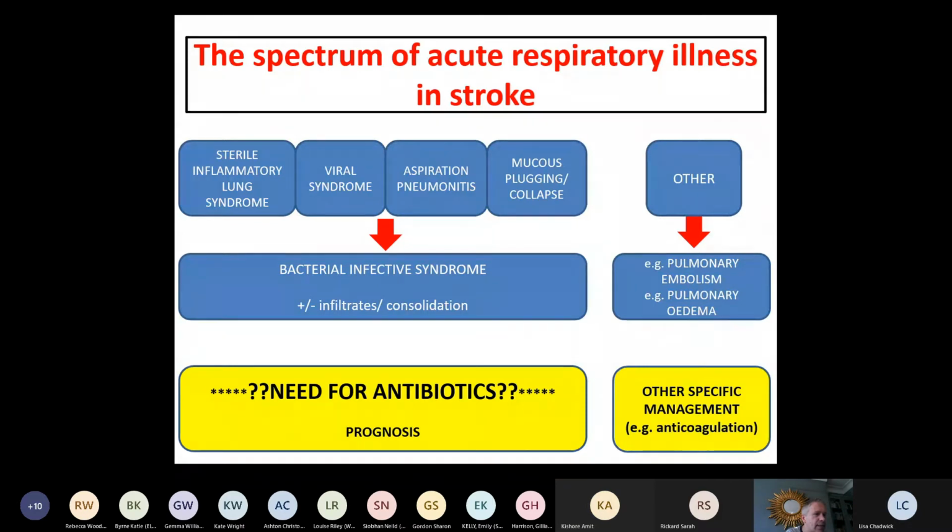And I think this is an increasing concept which may dispel some of the issues around having definite changes of infiltrate on a chest x-ray and focusing perhaps a bit more in the future on trying to get biomarkers that will detect definite infection within the lungs. Nonetheless, all of these things have implications because we want to get the right treatment at the right time for the patient.